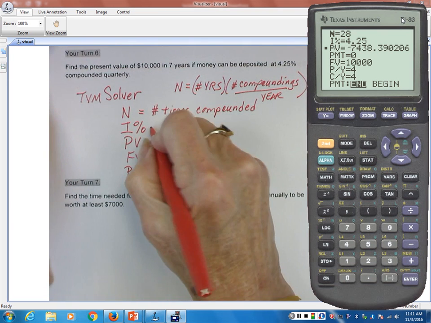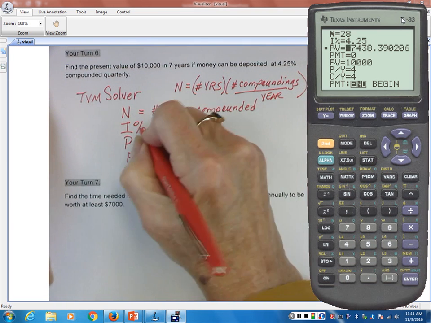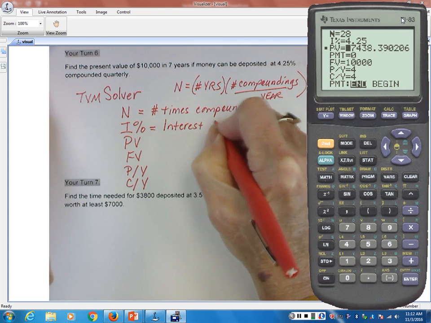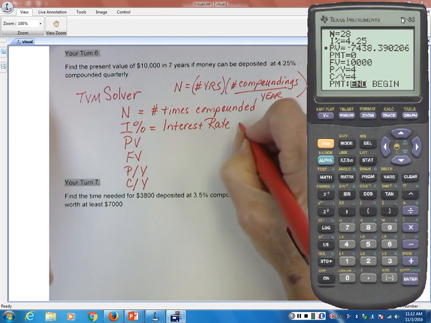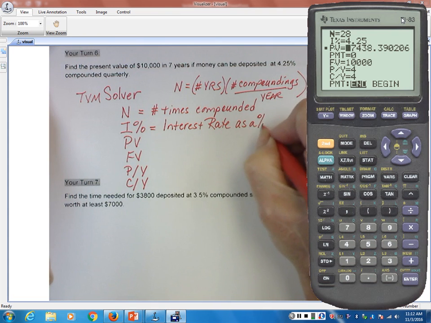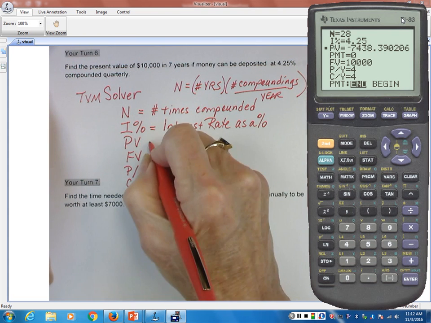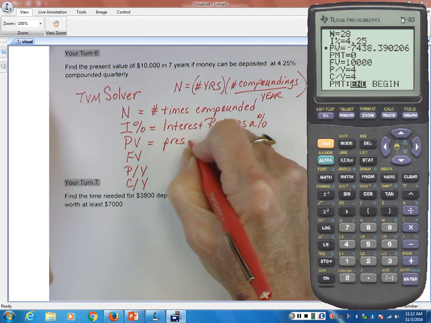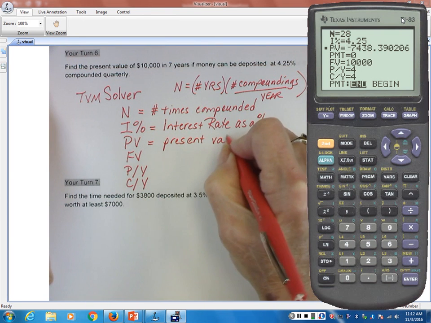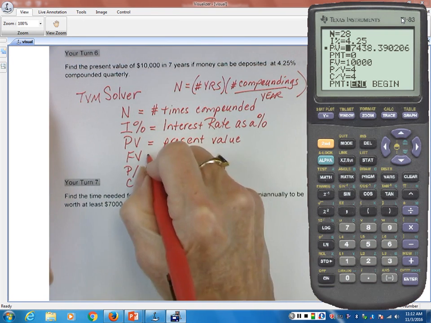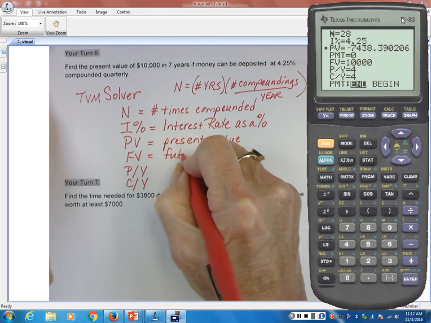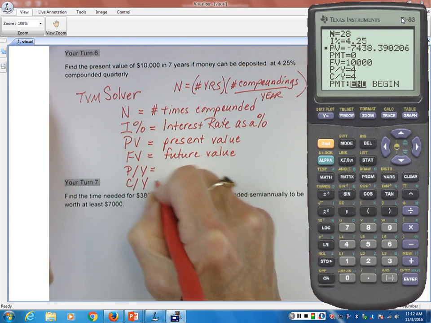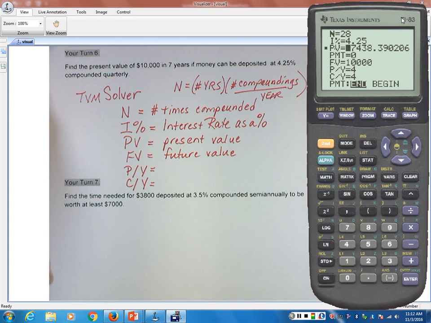I is going to be your interest rate as a percent, because it says percent. PV is your present value. FV is your future value. And P/Y and C/Y are both going to be the number of times compounded per year.